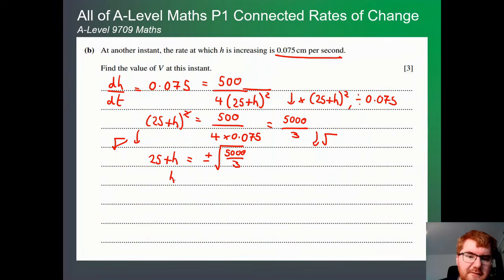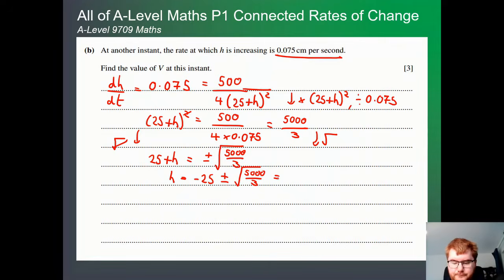And then we minus 25, so we have h equals minus 25 plus minus the square root of 5,000 over 3. So we only need to take the positive answer here. So minus 25 plus square root of 5,000 over 3. Yep, perfect.